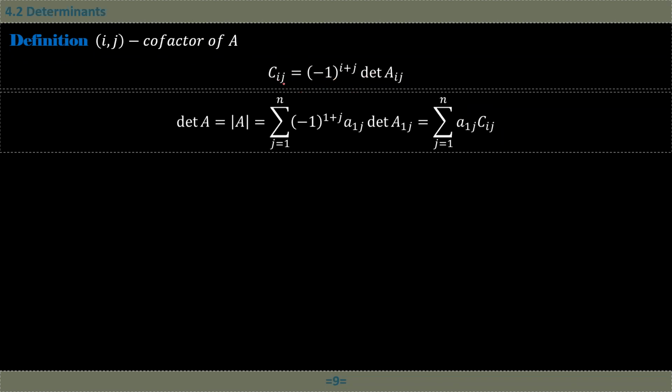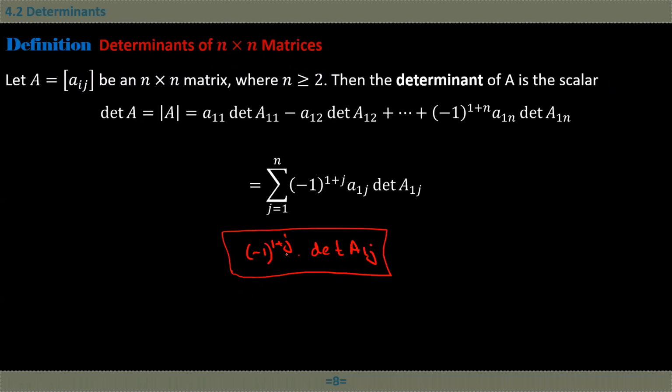The ij cofactor of matrix A is -1 to the power of i plus j times the determinant of the ij minor. As you see, each time when we're calculating a determinant, these two things appear, right? So instead of writing these two things, I'm just defining this as Cij, just introducing a new label. You'll see that in a lot of examples, writing in this way just helps us to write our big expressions in a very compact form.